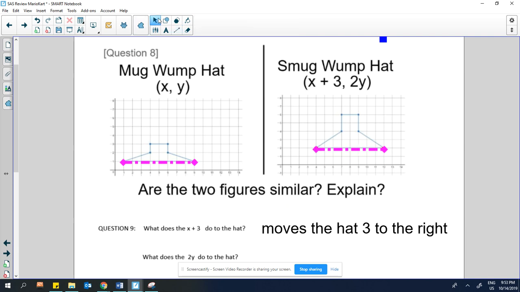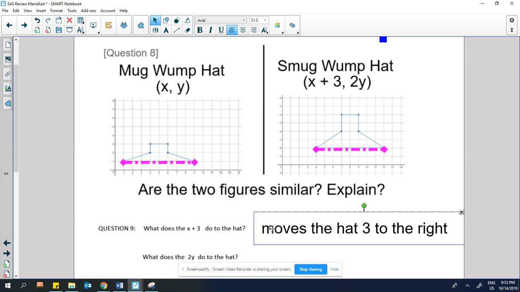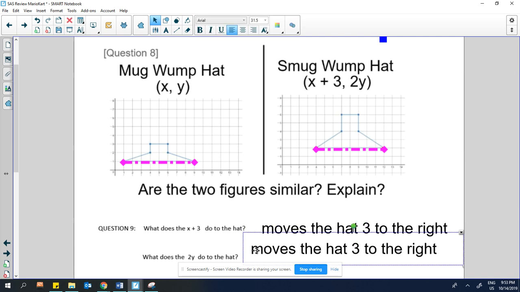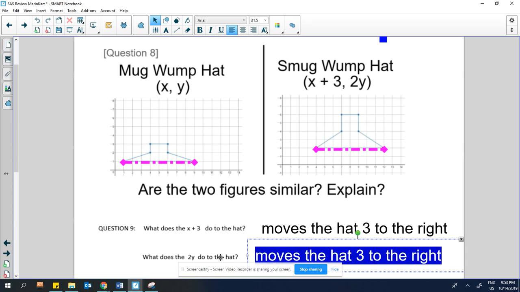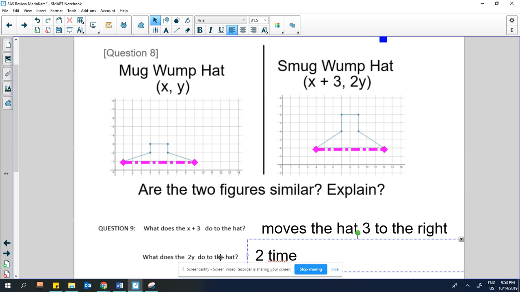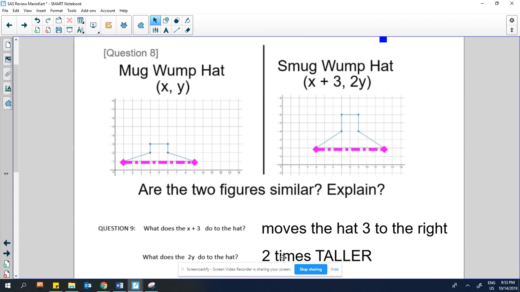What does 2y do to the hat? 2 times y. 2 times y makes the hat 2 times taller. Didn't move it at all. We already moved it to the right. We didn't move it up or down at all. It just made it 2 times taller.